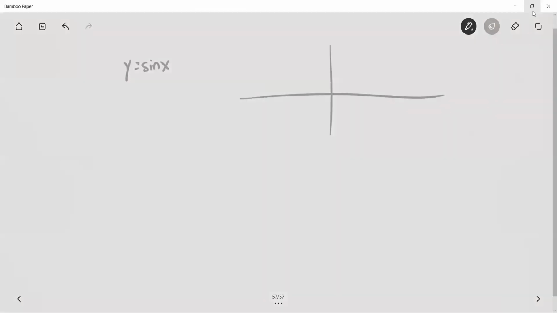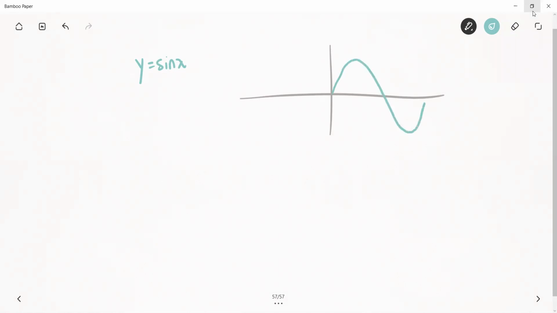But the other thing that I want to point out is if we know y equals sine, that graph actually looks something like this, pi over 2 up at 1, pi over 2, this is pi, this is 0.